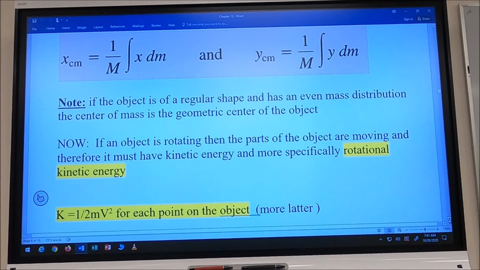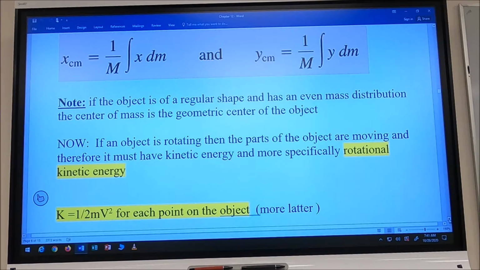So x of the center of mass is 1 over the total mass, the integral of x dm, and y of the center of mass is 1 over m the integral of y dm. Now, before you panic, if an object is a regularly shaped geometric object and it has an even mass distribution, the geometric center of the object is also the center of mass of the object.